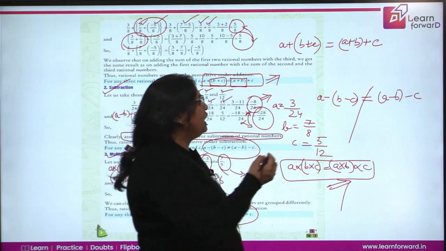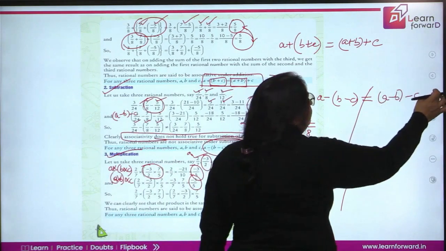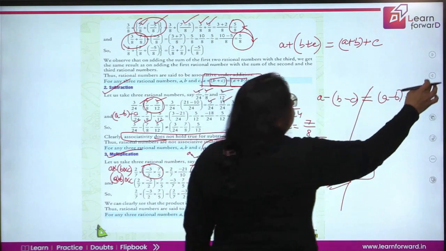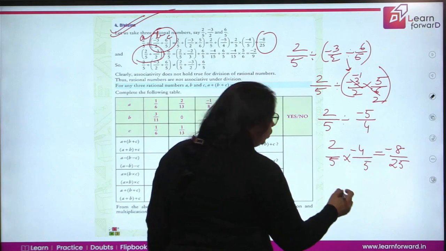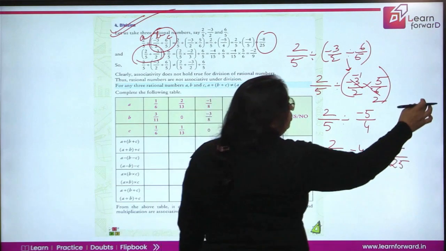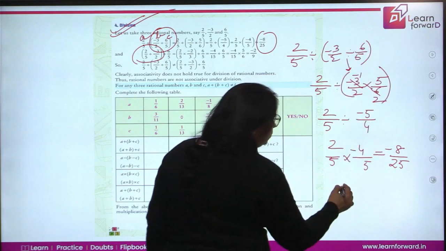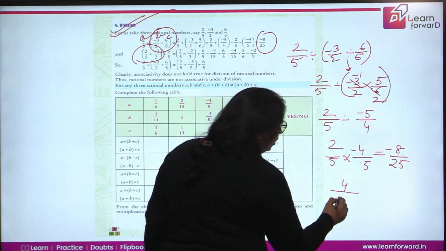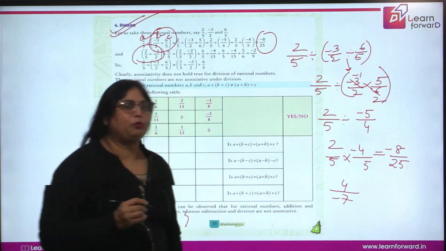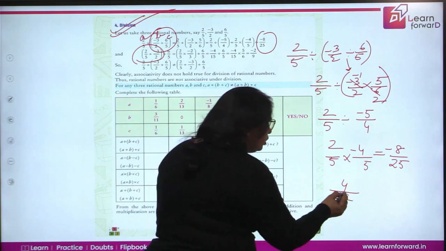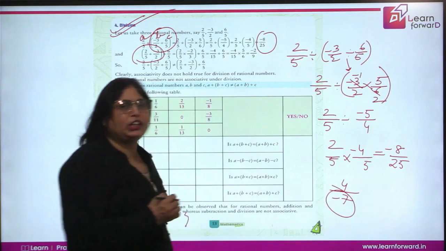Suppose we are getting any number, suppose we have minus 4 upon minus 7. It is not a standard form because the denominator is negative.